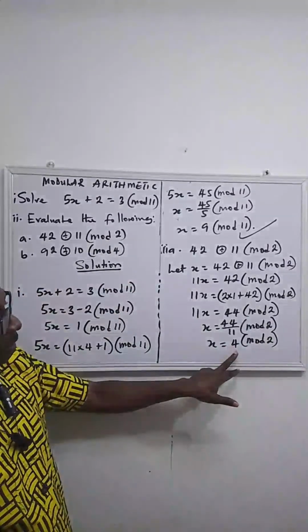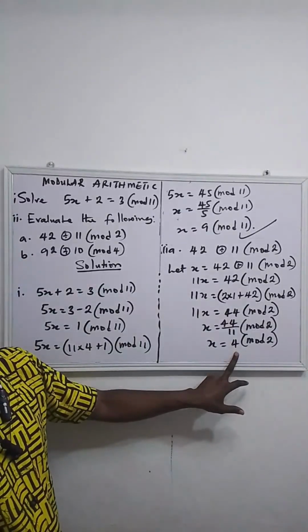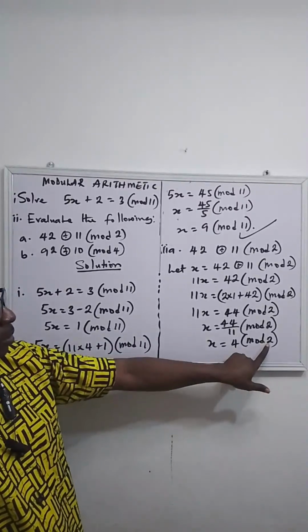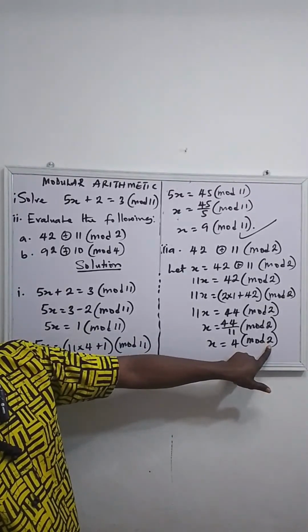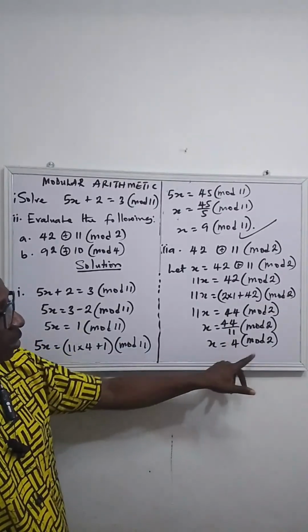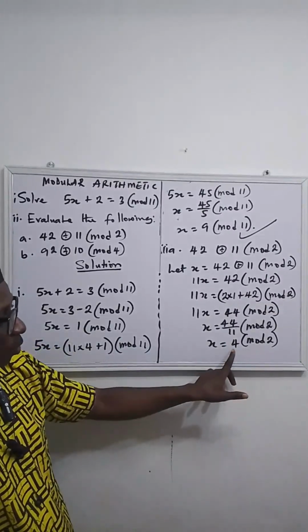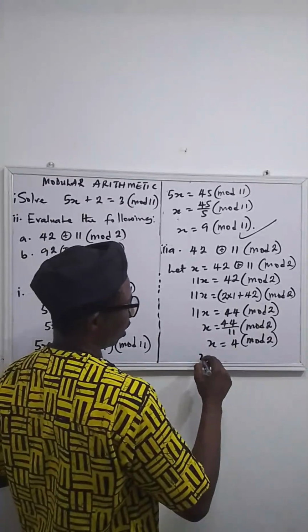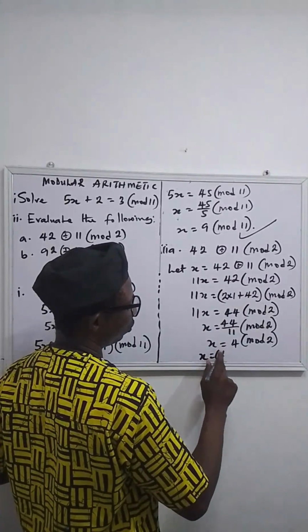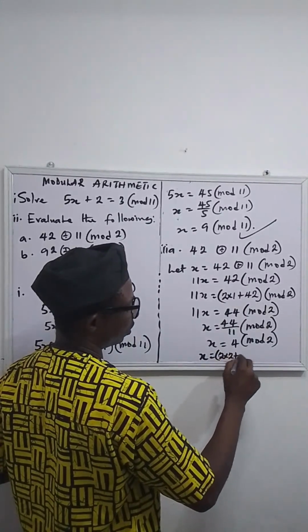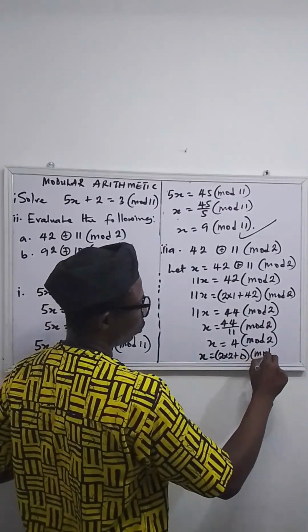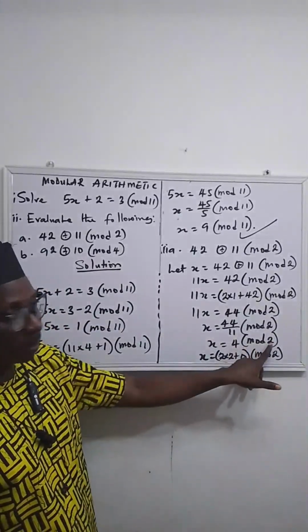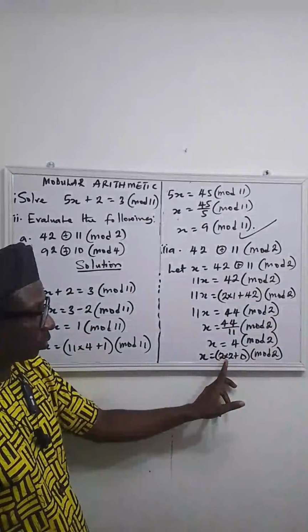All right, now look at what we have here. We can't leave the answer this way. You know why? The number we have here must not be up to the modulo. So the maximum digit we can have here is 1. So let us express this as 2 times 2 plus 0 in mod 2. 4 divided by 2 is 2, so we say 2 times 2.